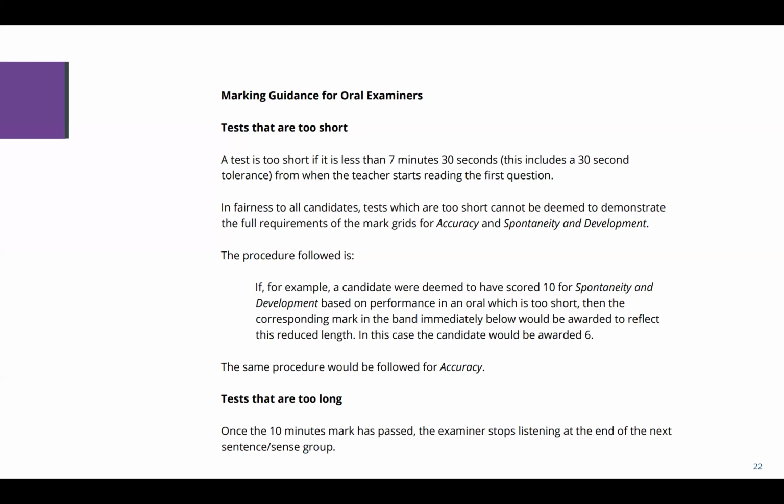So there's no value in going over that 10-minute mark because nothing will be assessed. So it's important the students know that and make sure that they get all their gems of knowledge into that 10 minutes.